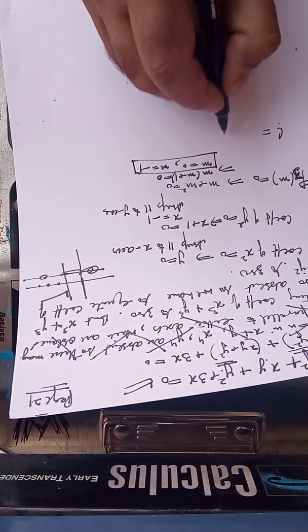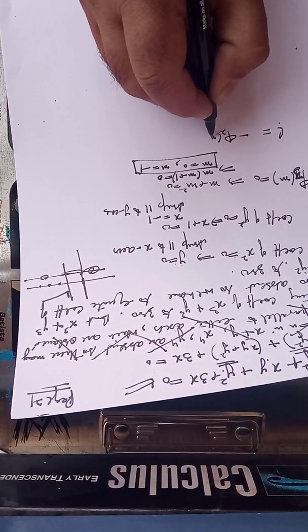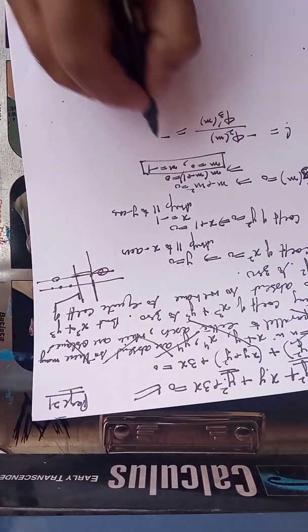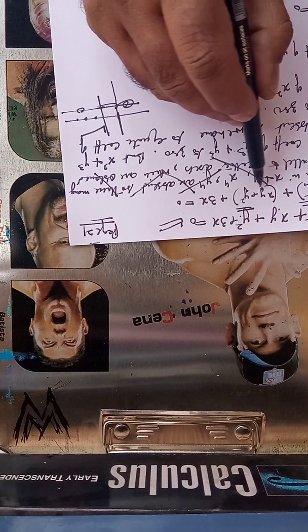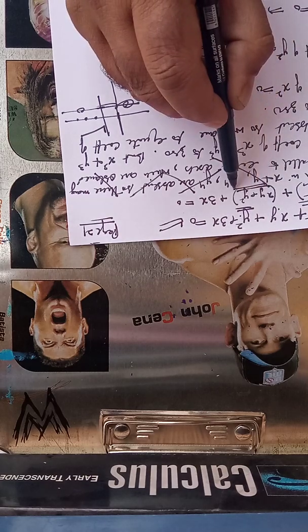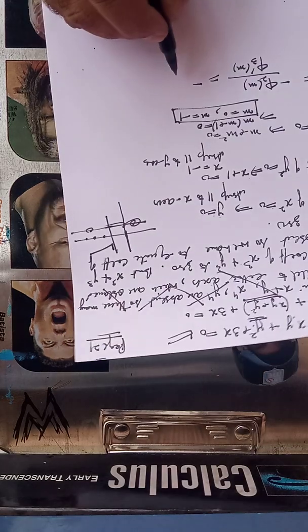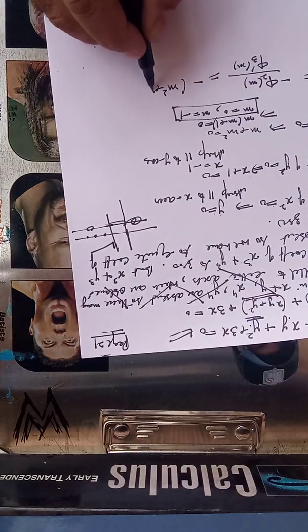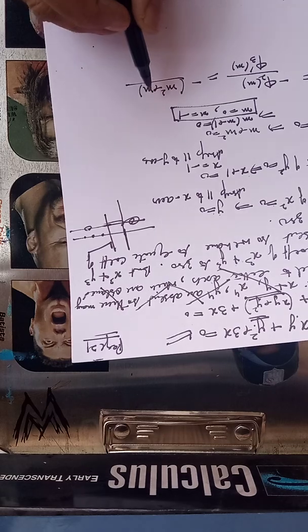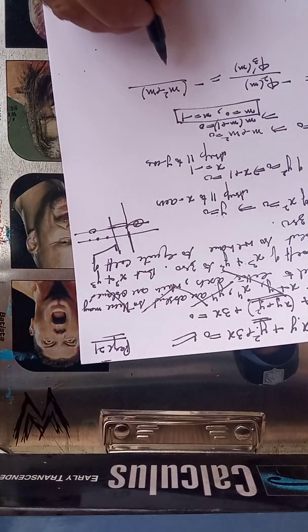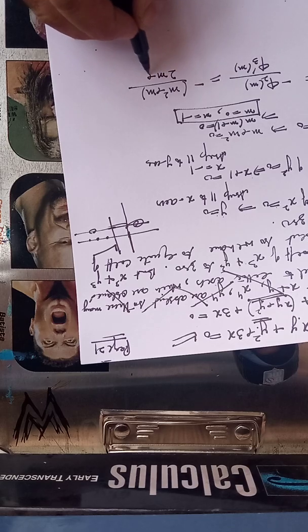Now c is equal to minus phi 2m upon phi 3 dash m. Now phi 2: you have to replace x by 1, y by m, so this is m square plus m. Phi 3 dash is the derivative of phi 3, which is 2m plus 1.